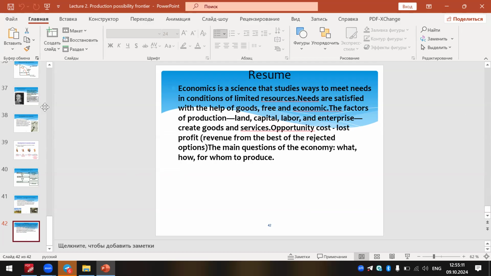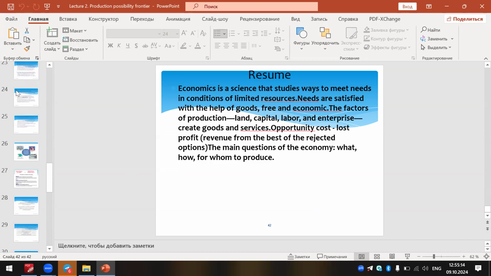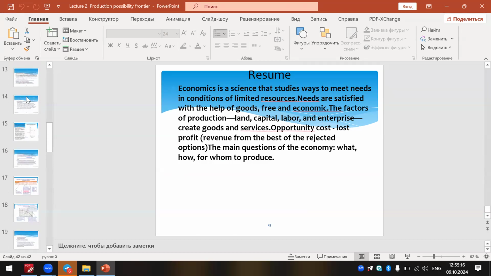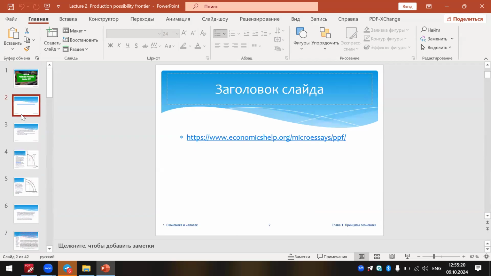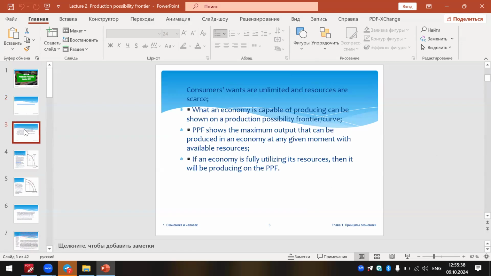This is the summary. If you have questions about production capability, the production possibility curve, we can also give you an informational site, also a very good one. Try to find some additional information on what the production possibility frontier is. I will also give you a home task to make the production possibility frontier, because I didn't give you a task before, as it was just starting.